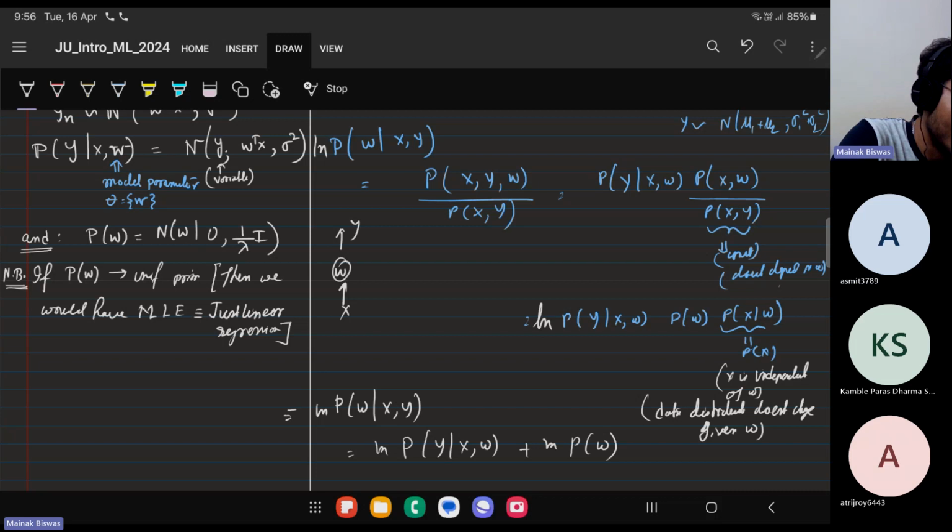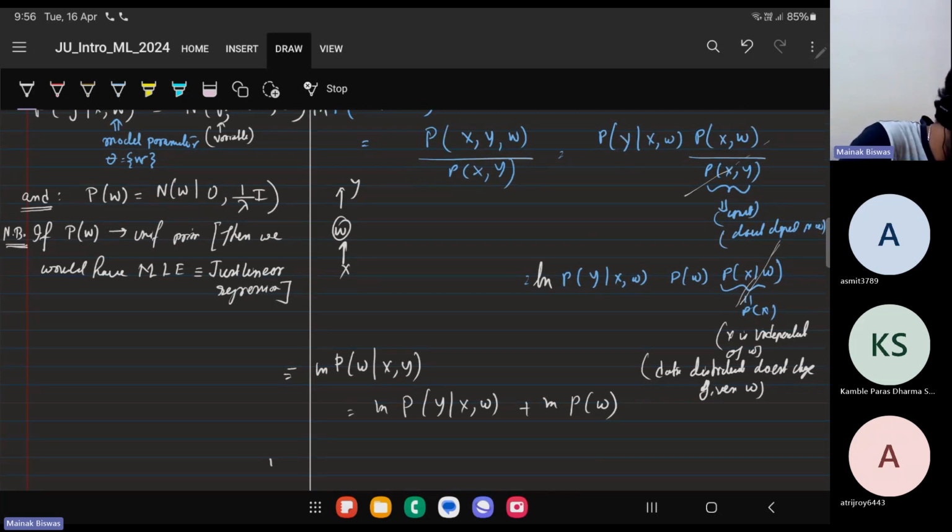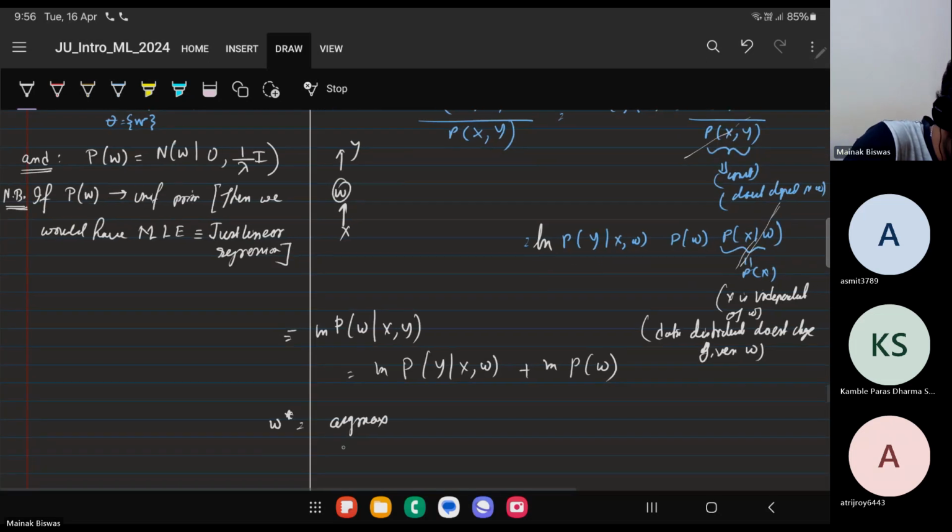And this is constant, so I can remove constants, because I will optimize over W. So W star is argmax of W log of P of Y given X comma W plus log of P of W.